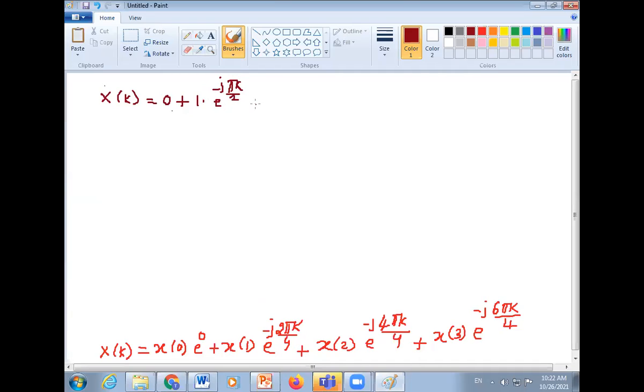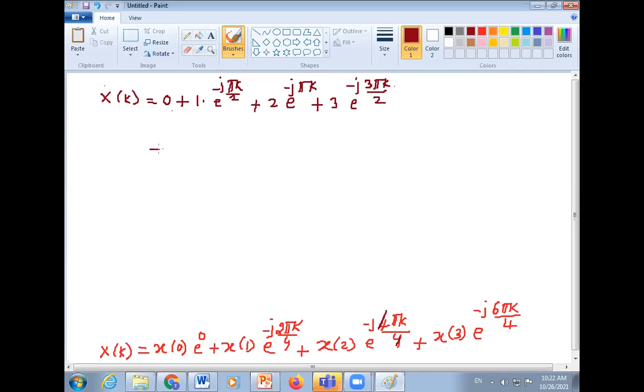Then plus x of 2 is 2 into e power minus j pi k, this 4 gets cancelled. Then plus x of 3 value is 3 into e power minus j 3 pi k by 2.